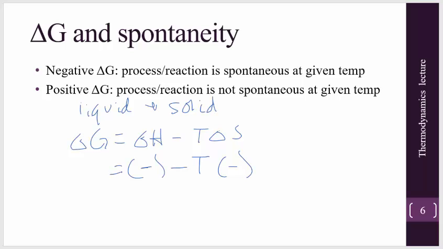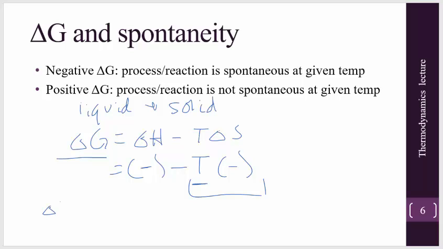So it turns out that we could get different possible signs for delta G. Sometimes delta G would be positive, non-spontaneous, and sometimes delta G would be negative, and it all depends on the temperature and maybe this term, the T delta S term.